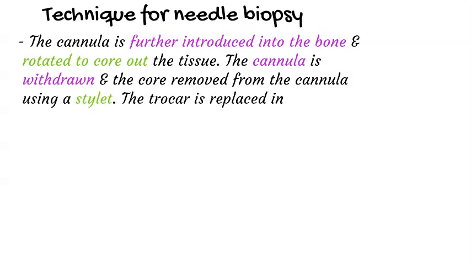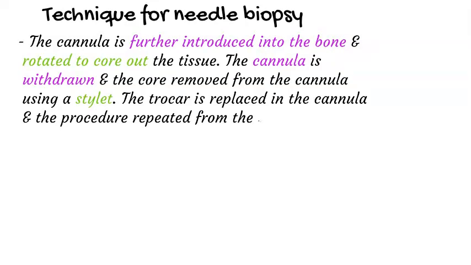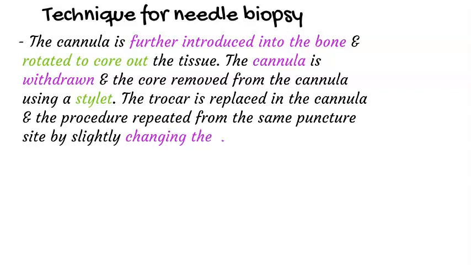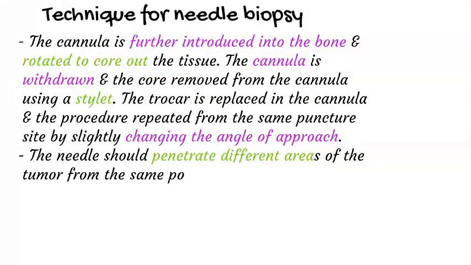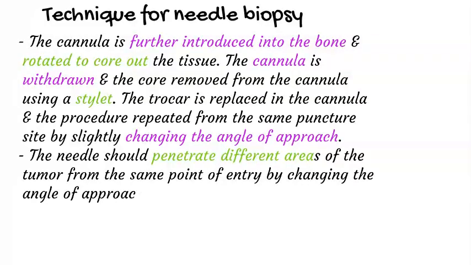The trocar is replaced in the cannula and the procedure repeated from the same puncture site by slightly changing the angle of approach. The needle should penetrate different areas of the tumor from the same point of entry by changing the angle of approach.